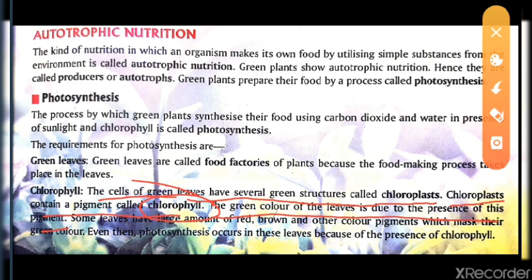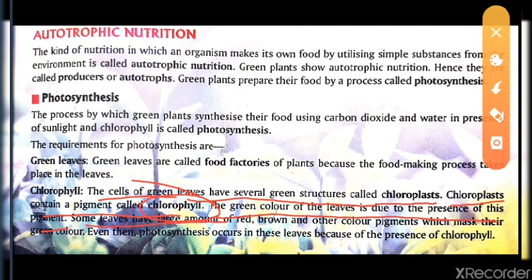If you see dead leaves, what is the color of those dead leaves? I think it's brown. Why is it not green? Because the cells present inside those leaves are dead. That means right now they do not have chlorophyll, and when they do not have chlorophyll, they will not have the green color.